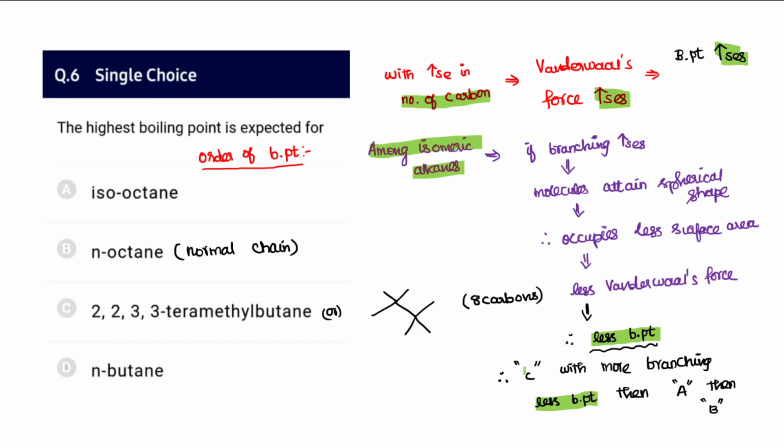Option C also contains 8 carbons when you look at the structures. So A, B, C are all 8 carbons, and option D, butane, has only 4 carbons.